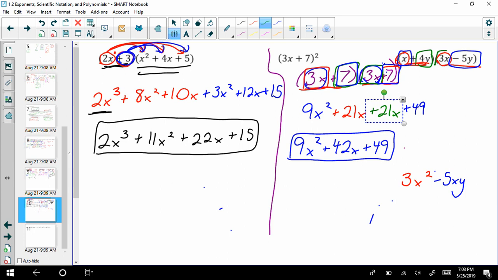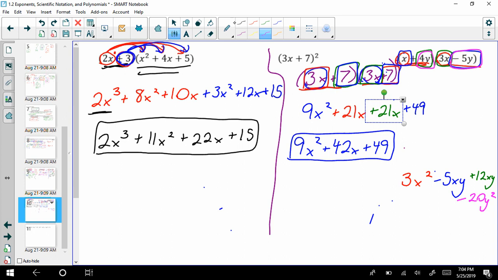Inner times inner, so 4y times 3x would be 12xy. And then last times last. So 4y times negative 5y. Negative 20y squared.